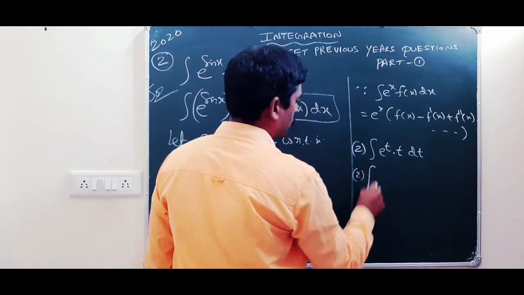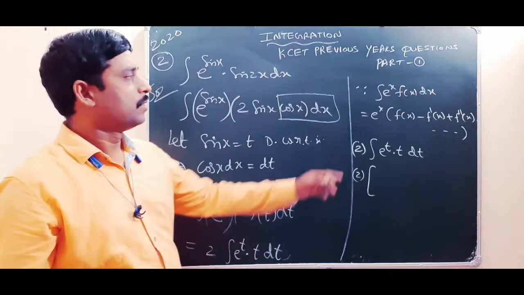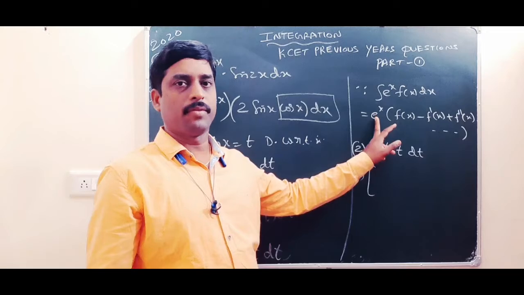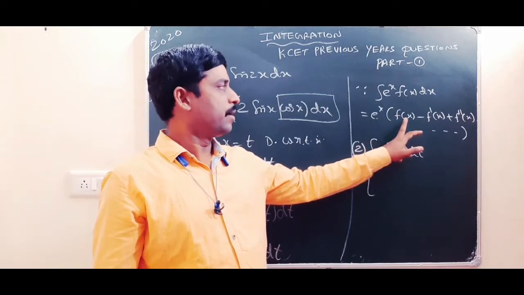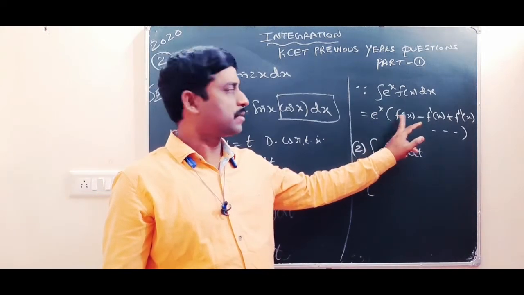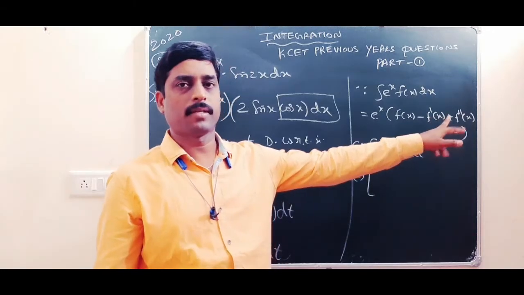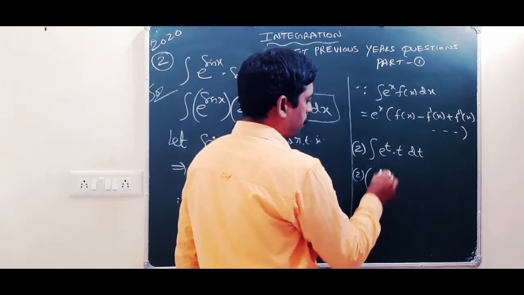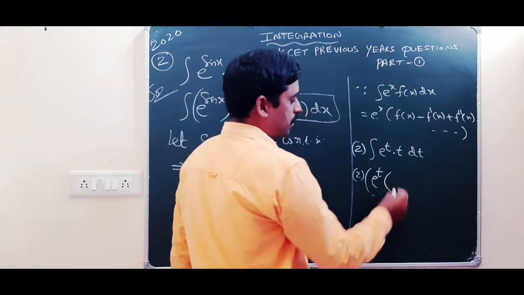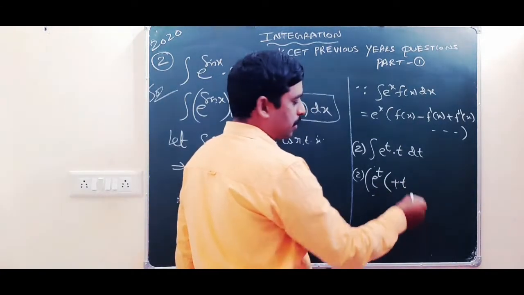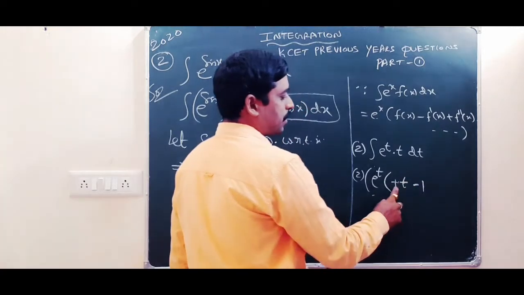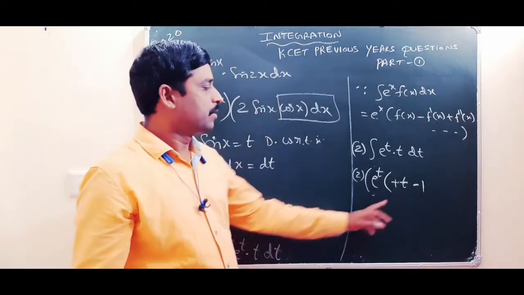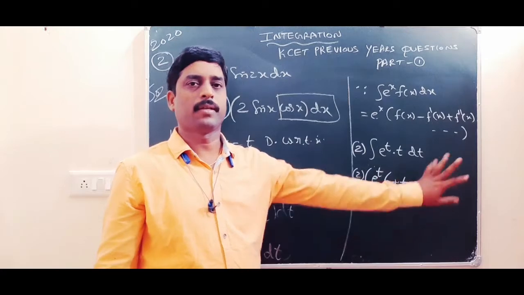By using this formula, first write the exponential function e to the power t into, first write t, minus the derivative of t which is 1, plus, minus, alternately. The differentiation of 1 is 0.